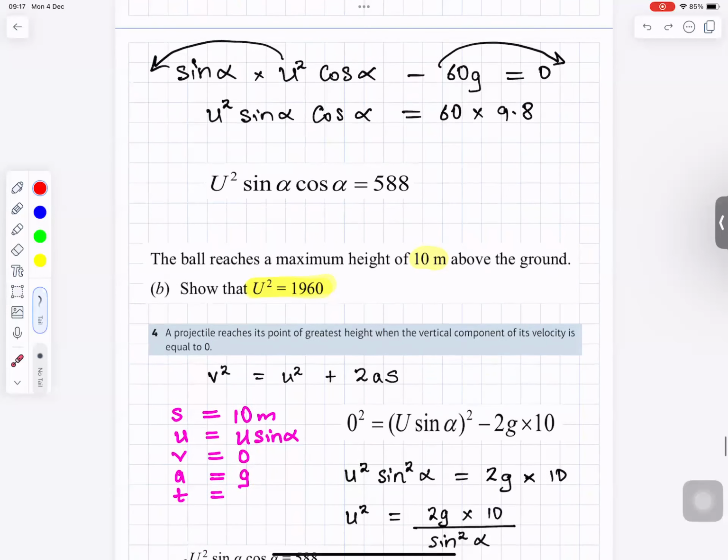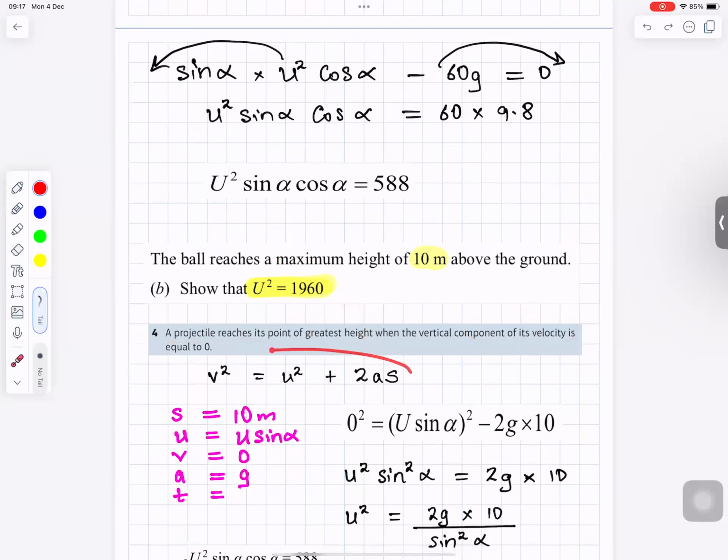The ball reaches a maximum height of 10 meters above the ground. Show that u squared is 1,960. So I put some information here. A projectile reaches its point of greatest height when the vertical component of velocity is equal to 0.